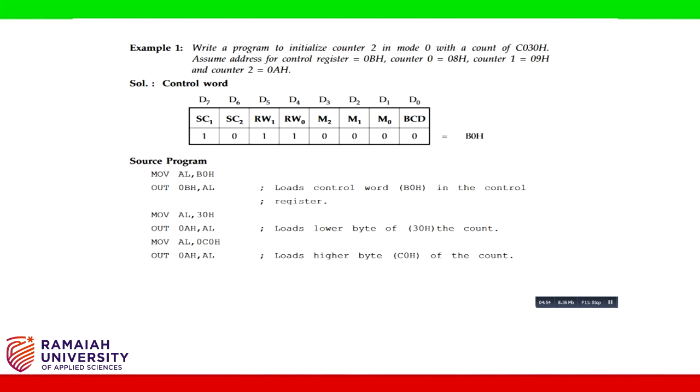As you can see, first two bits D7 and D6 will be set to 1 0 to select the counter 2. RW1, RW0 are normally 1 1 and M2, M1, M0 are made 0 0 0 for mode 0 operation, and BCD bit is made 0. It is normally taken as 0.